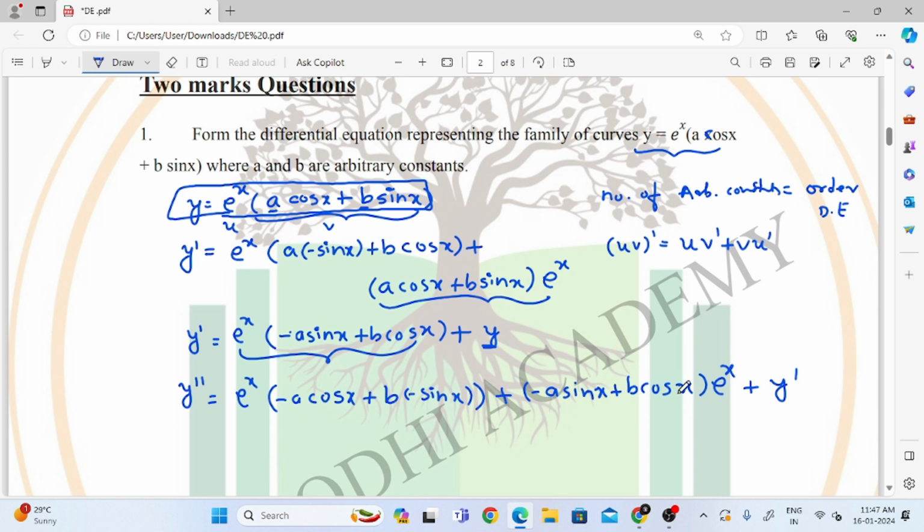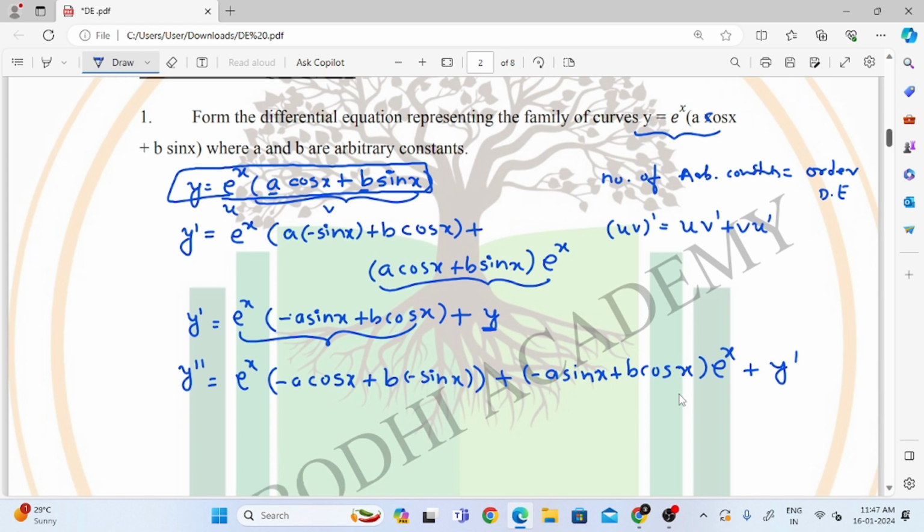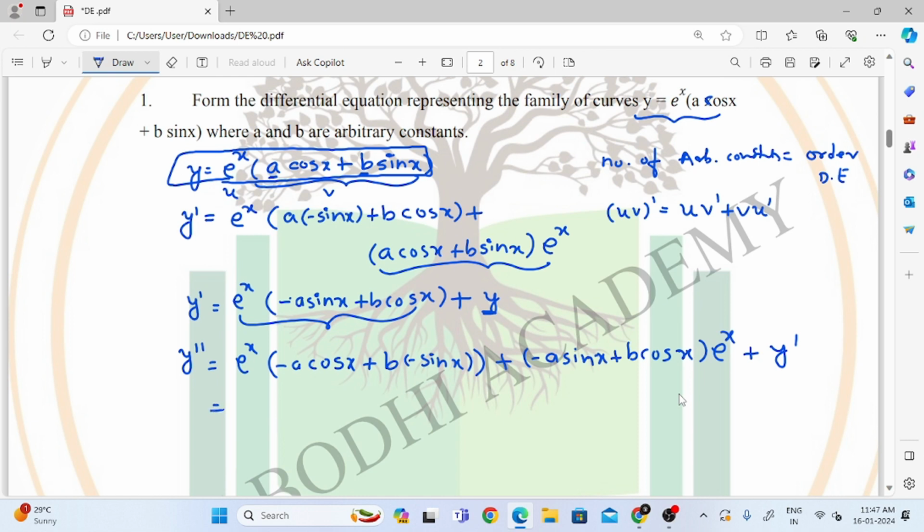So now if we solve further, e raised to x as it is, in both terms inside the bracket we have a minus sign, so if we take the minus sign common, what will remain inside the bracket? a cos x plus b sin x.